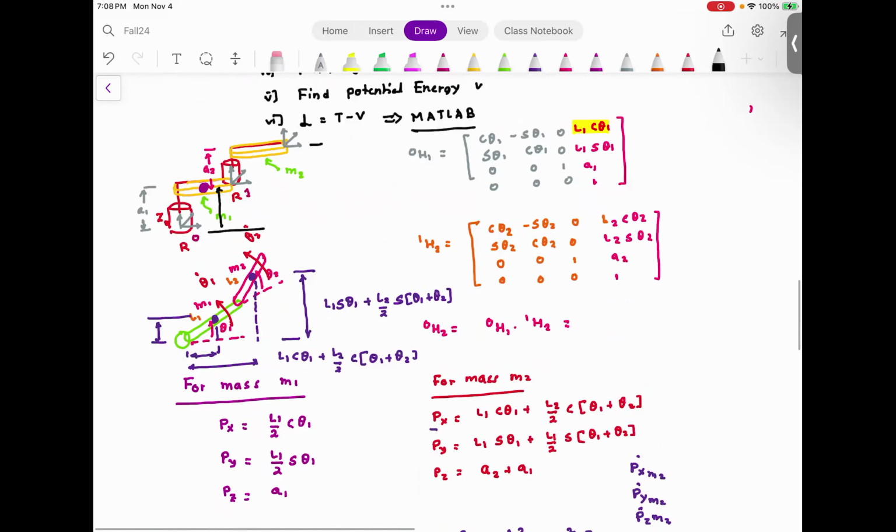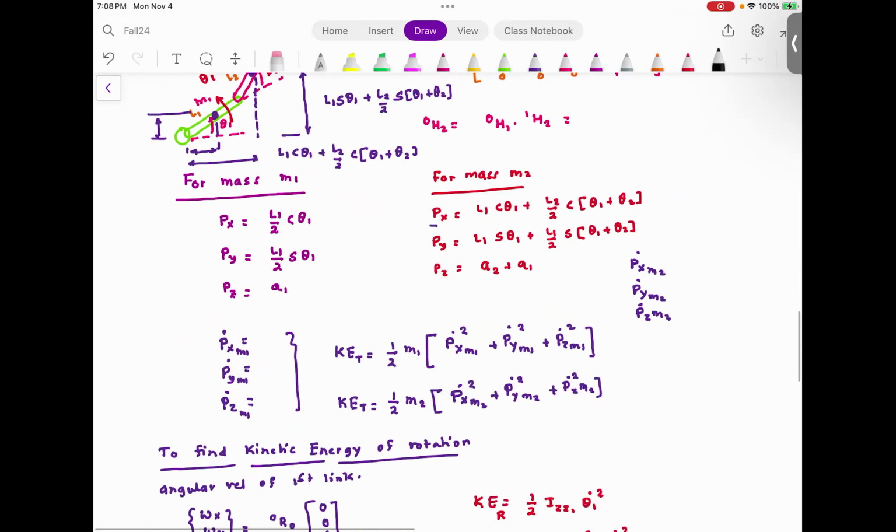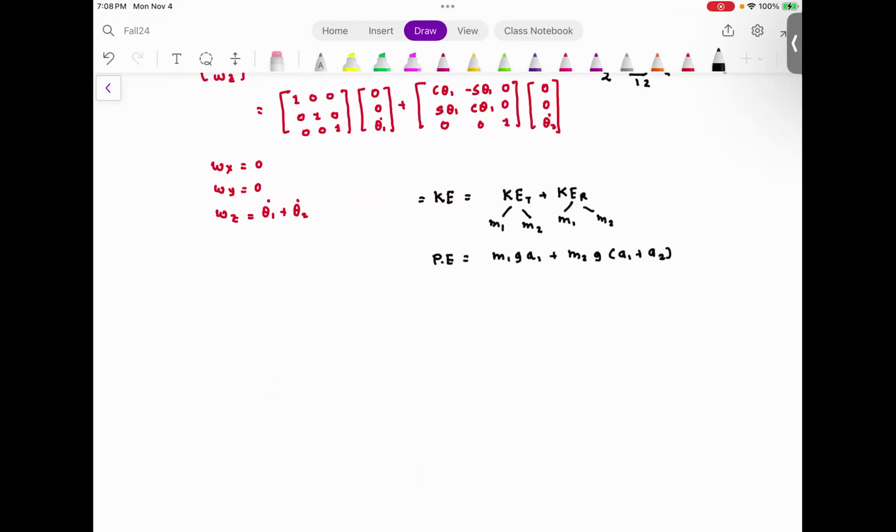And once all this is done, the last step is you have T and you have V. So L is equal to T minus V. And then once you find out the Lagrangian, you can use MATLAB and solve the problem.